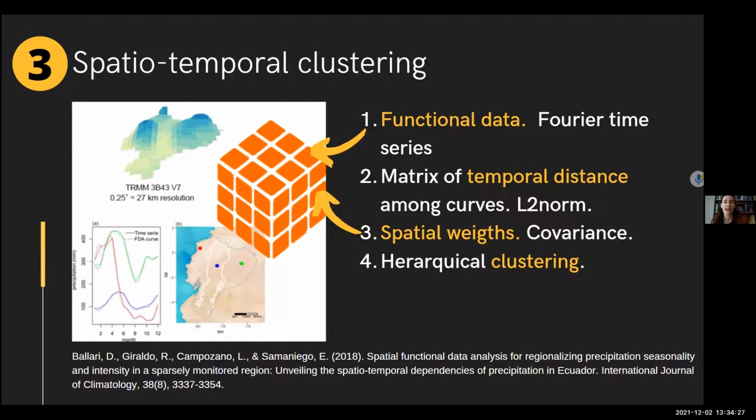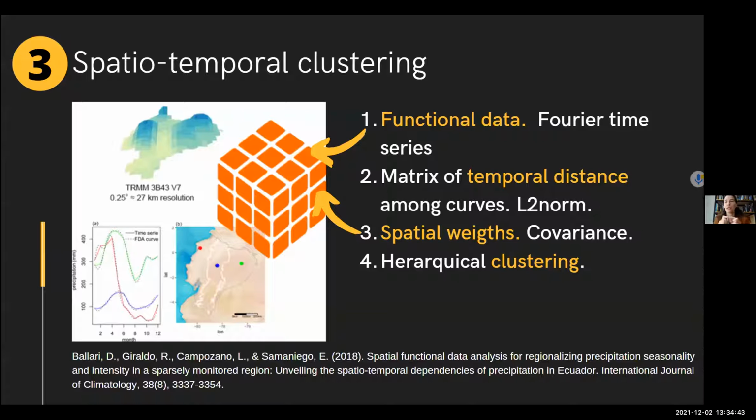So we used spatial functional data. All our time series we converted to a functional representation. This is a mathematical function. We used Fourier for that.